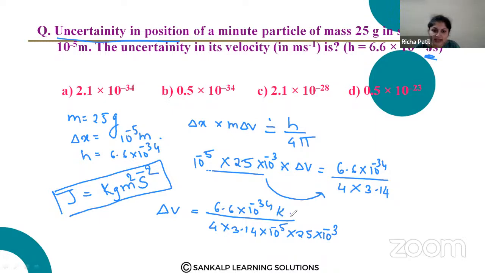Here you have to write kg meter square per second. Now this meter and this meter get cancelled, and kg gets cancelled. So what is left? What is the answer? Just substitute this and find out the answer.